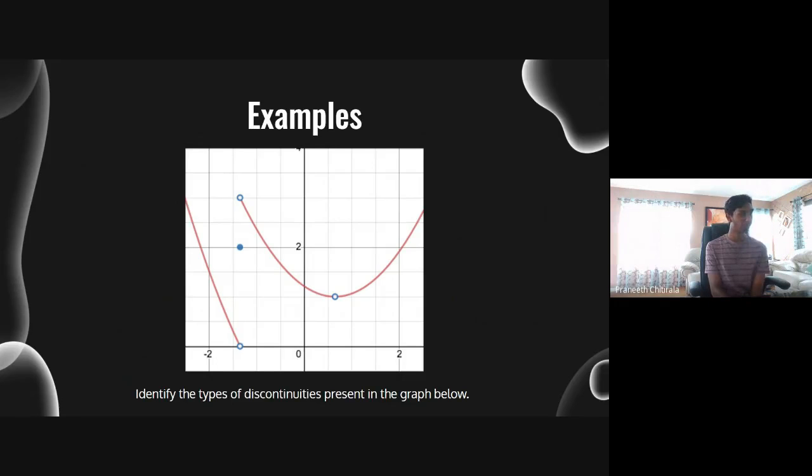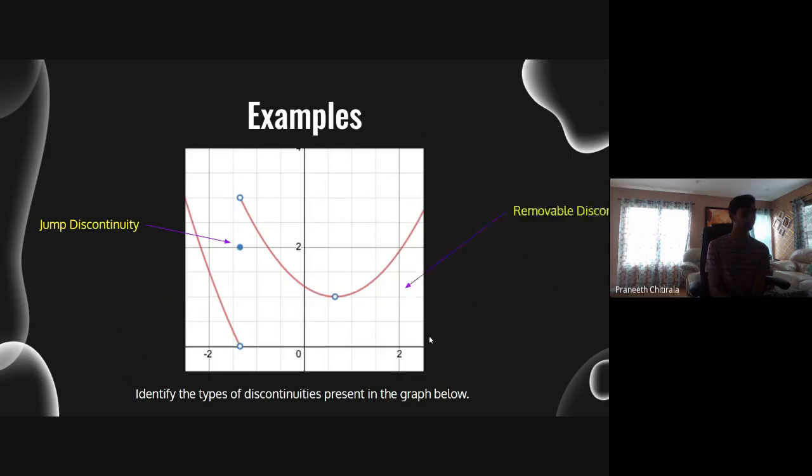There is a hole here, so that's a removable discontinuity. And you can also see a jump discontinuity here. So these are the discontinuities that you can see here: the jump discontinuity at this x value, and the removable discontinuity at this value.